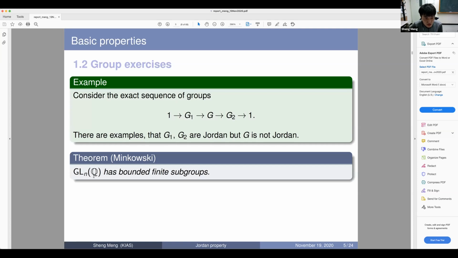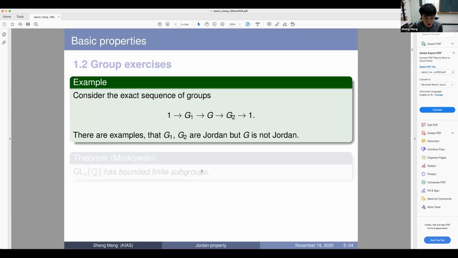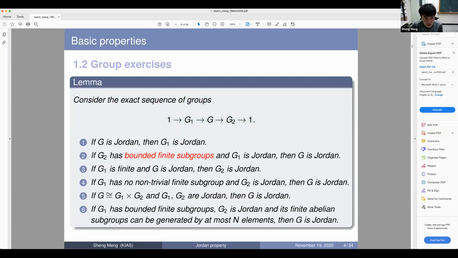It says that GL_n of the rational field has bounded finite subgroups. With this theorem, together with the second property, we can look at the rational representation of G, and then to show the Jordan property of G we only need to show the Jordan property of G1. Okay.